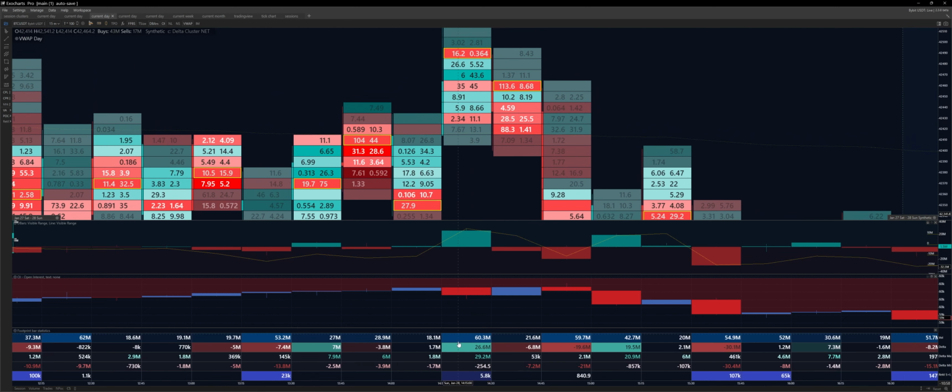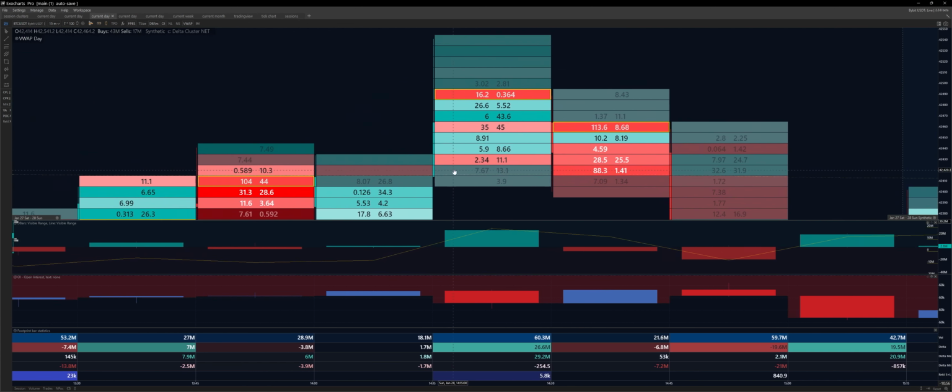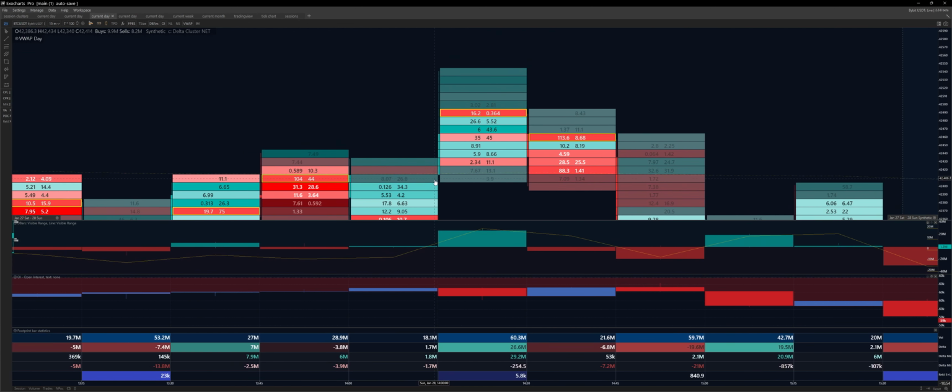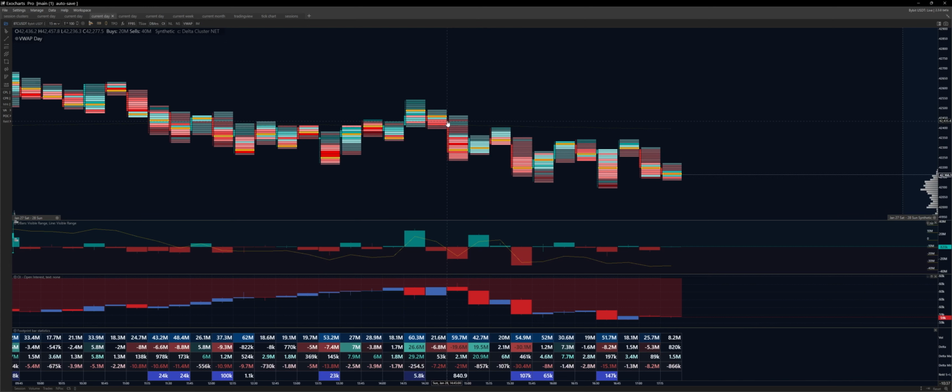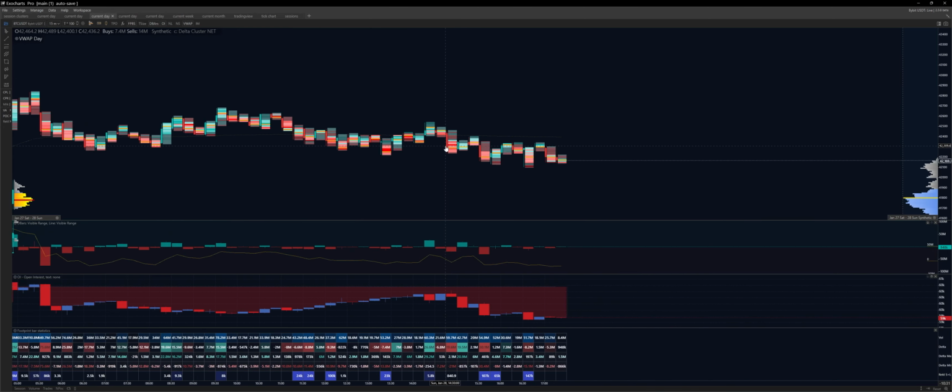So if you go in here like this, we see this one is a green candle, or it's blue in this case, but we have blue and red here. Essentially this is the candle open, this is the candle close, and this here is the wick in thin. Same here, you have the candle open in a red candle, the high, the low, and the close here. So this is nothing really new.